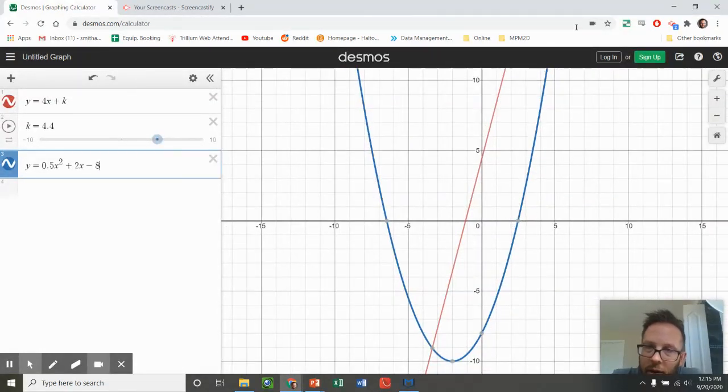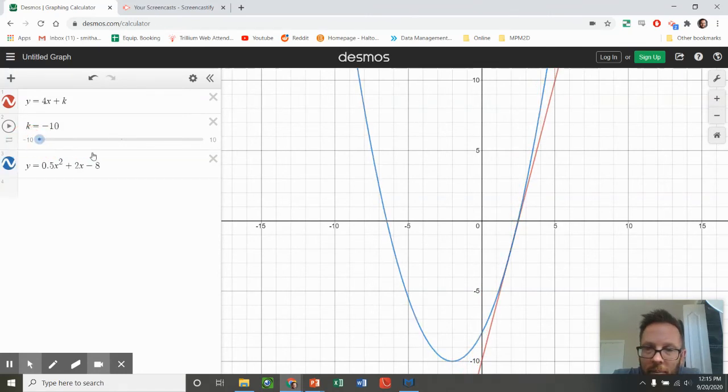They meet down here, and they're going to meet somewhere way up here. But we want them to meet once. So if I move the slider down and down and down, okay, it looks like if k is -10, if the y-intercept of the line is -10, that could be the tangent line. So as we do our problem, I'm kind of expecting something around -10 to pop out.